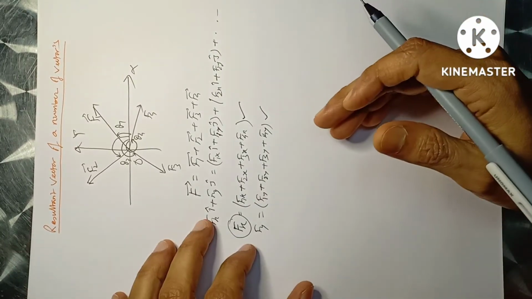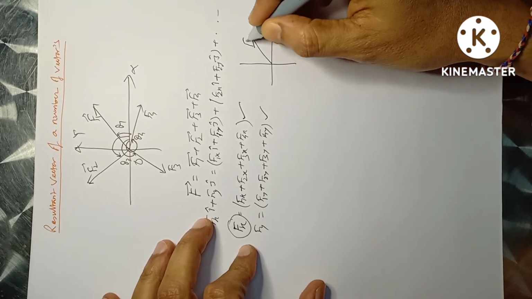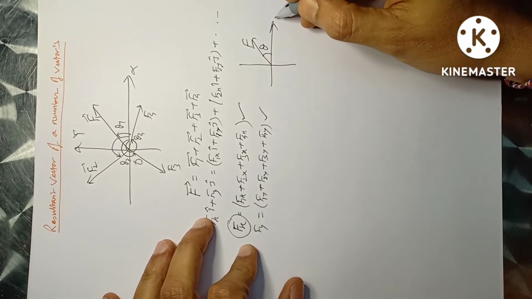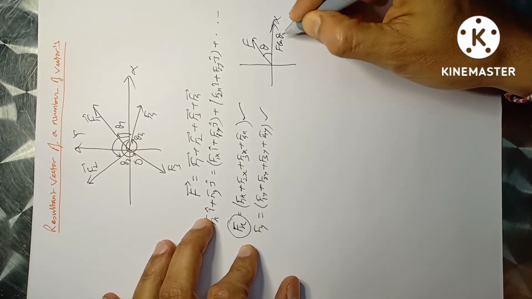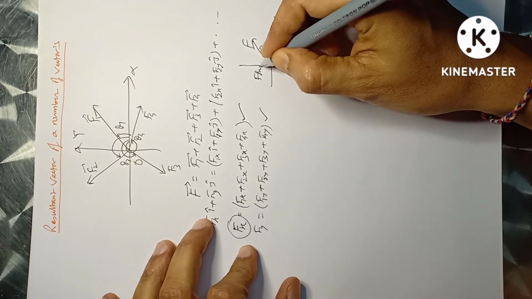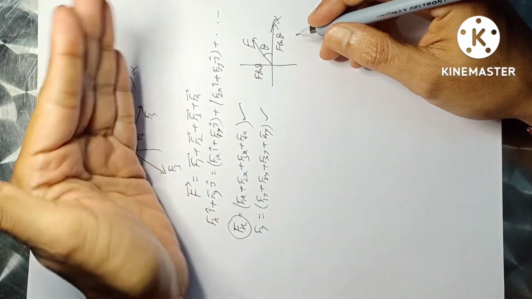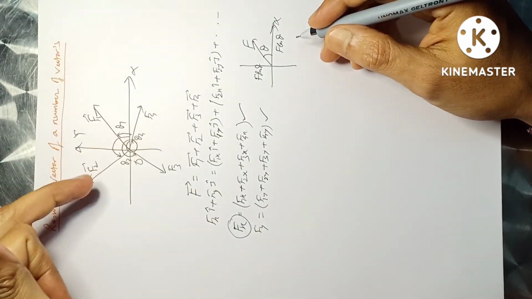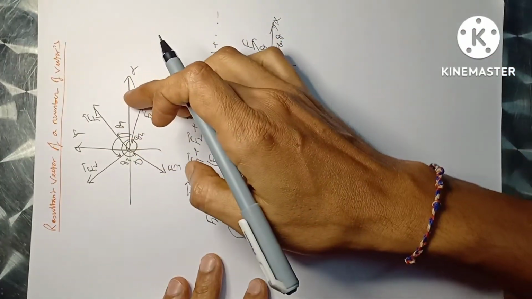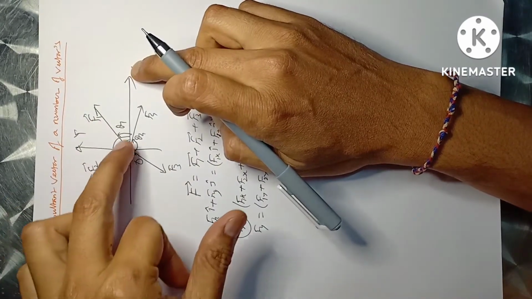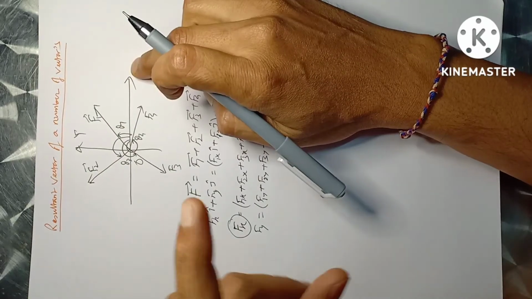Now how can we calculate this? We already know that a vector f making an angle theta with the x-axis has component along the x-axis f cos theta and along the y-axis f sin theta. So the component of f1 along the x-axis is f1 cos theta 1, and the component of f2 along the x-axis is f2 cos theta 2, because theta 1 is the angle with the x-axis, theta 2 is the angle with the x-axis, and all these angles are with the x-axis.